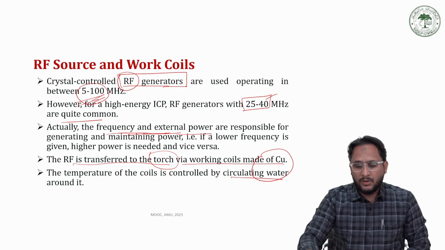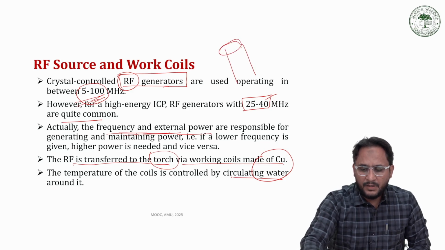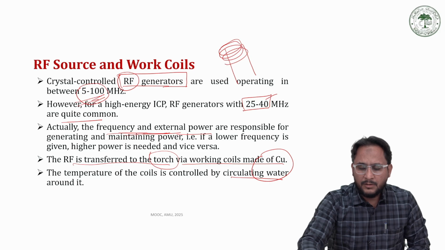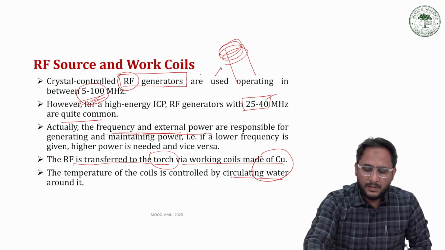So along with these coils that are surrounding the torch made of quartz, we also pass circulating water which protects the coil from burning.